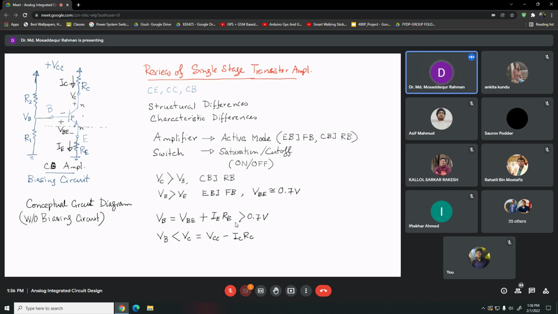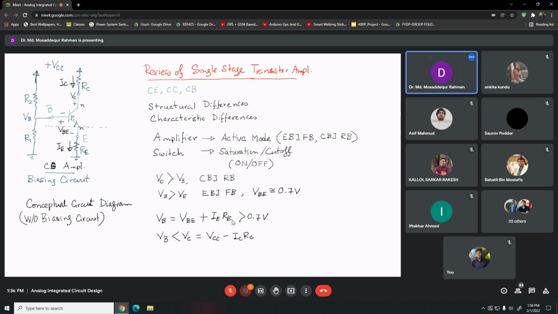This you have to ensure, but this is not all. Biasing means this has to be forward biased and that has to be reverse biased to be in active mode in the first place, but that is not all. There is more to it.